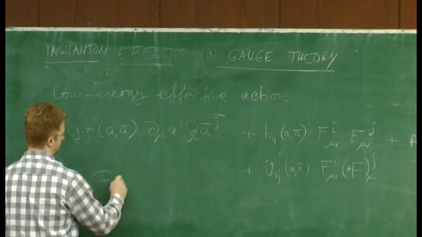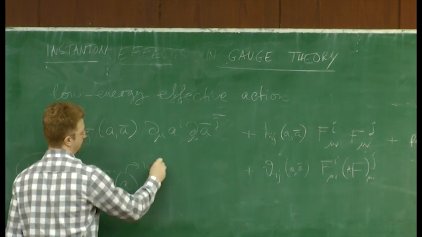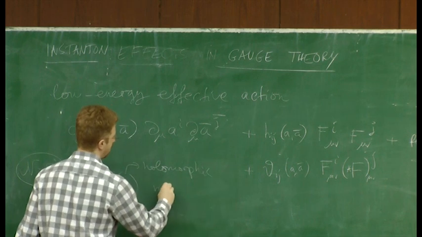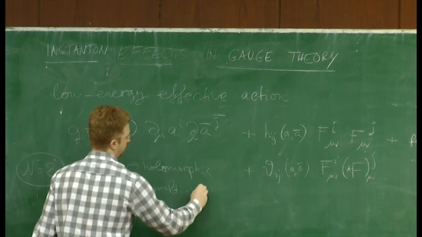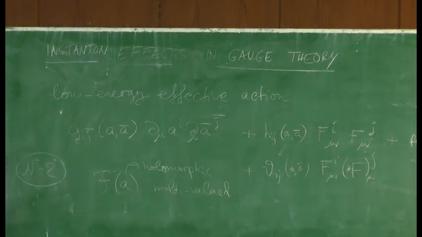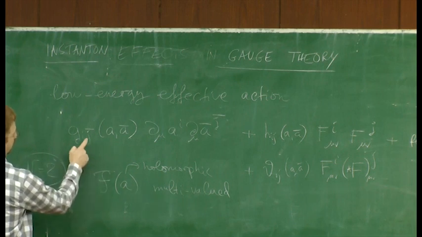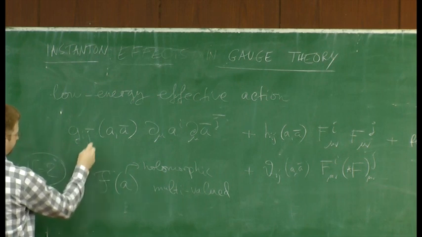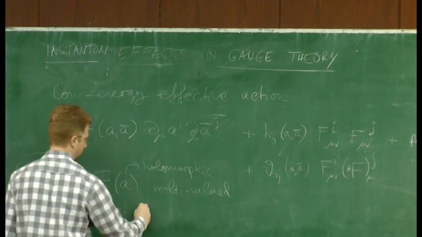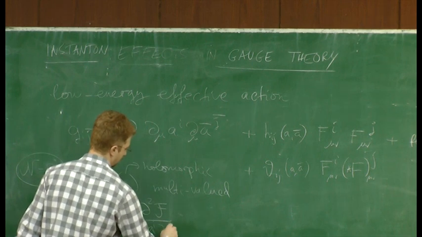So there is a function, which is holomorphic, perhaps multi-valued, of the eigenvalues a, such that the effective metric is just the imaginary part of the matrix of second derivatives.